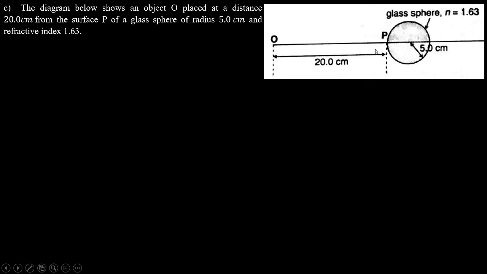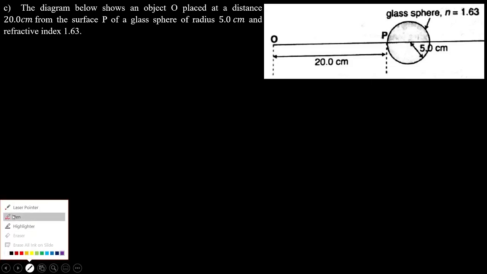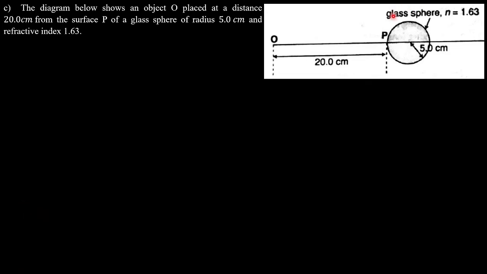So this one is about refractions. You have the first refraction on this first surface here, and then the second refraction here. The first refraction is on the convex surface, while the second refraction is on the concave surface.